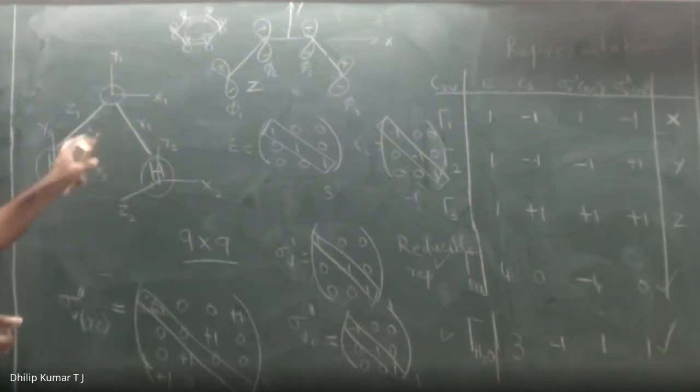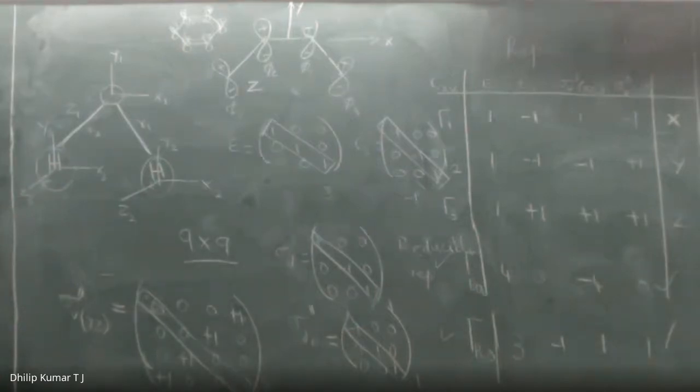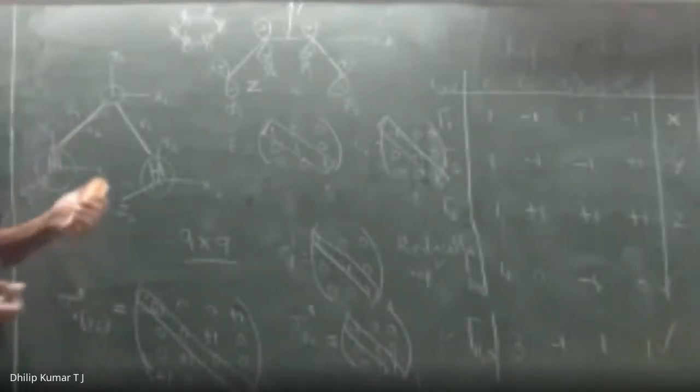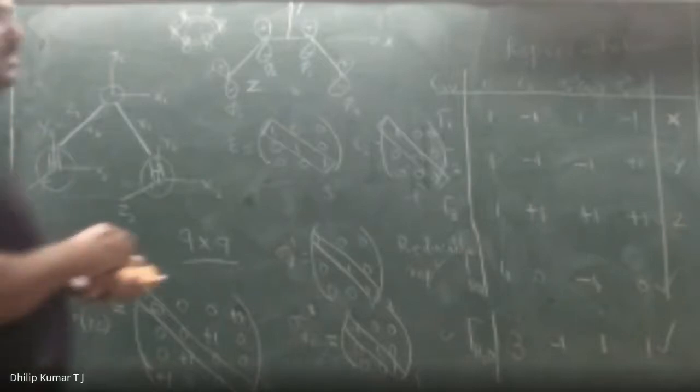The basis is R1 and R2, and your matrix is a 2 by 2 matrix. Simple, that's it. The matrix form depends on the basis we are considering. I think I tried to answer.